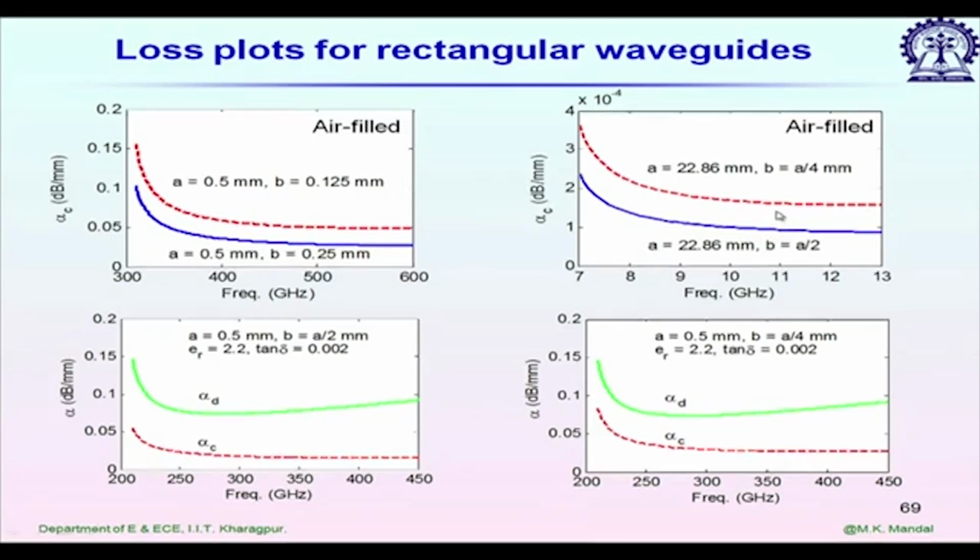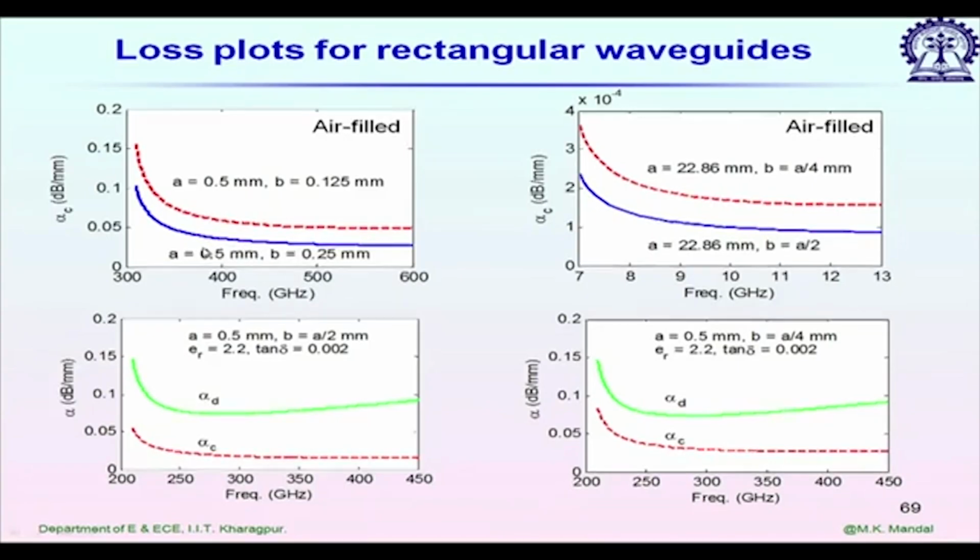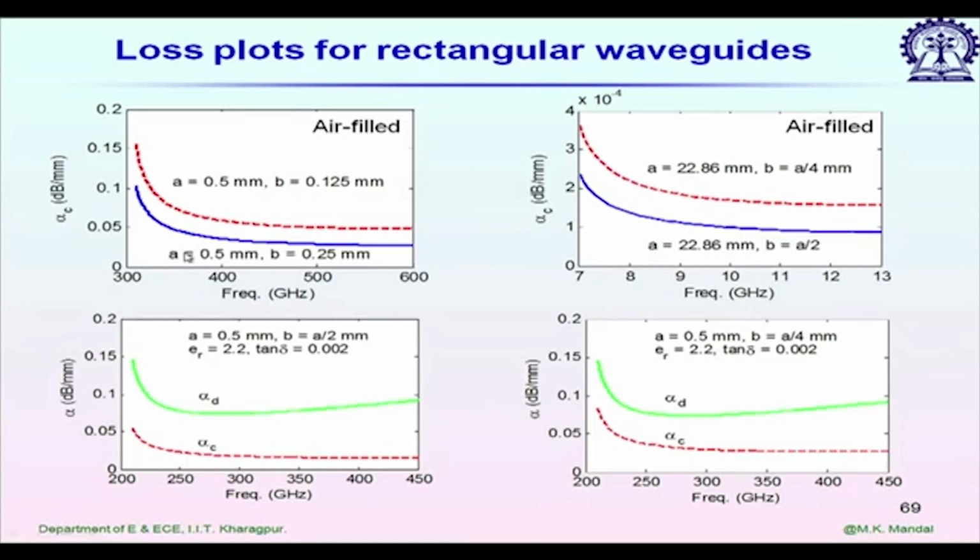Now, if we reduce the height by a factor of 0.5, in that case alpha c increases, but look at the values, it is of the order of 10 to the power minus 4 dB per millimeter, and in the left hand side it is 0.05 to 0.1 dB per millimeter. If I operate it in this region above 400 gigahertz, the typical loss value will be 0.03 to 0.04 dB per millimeter.